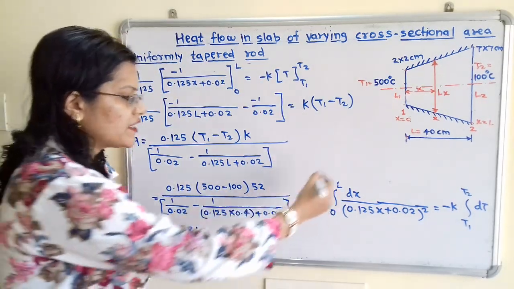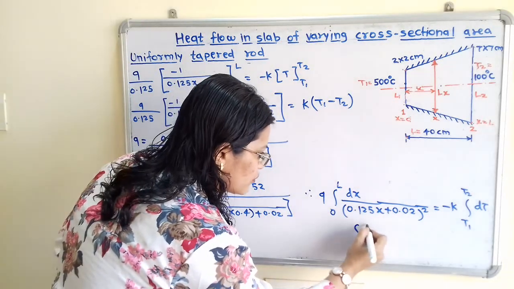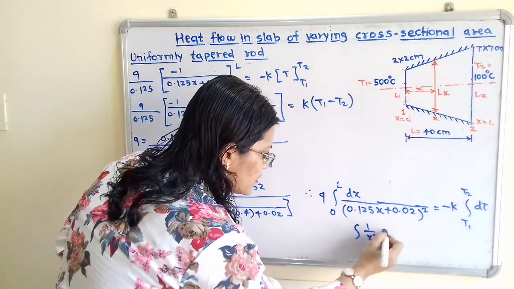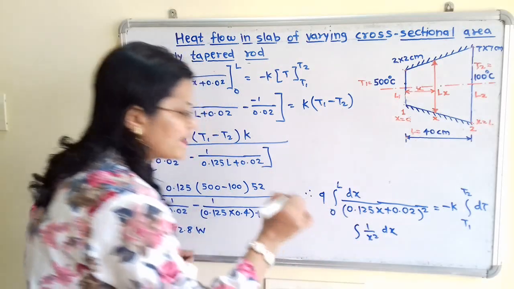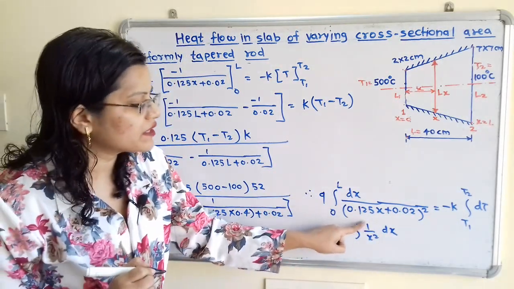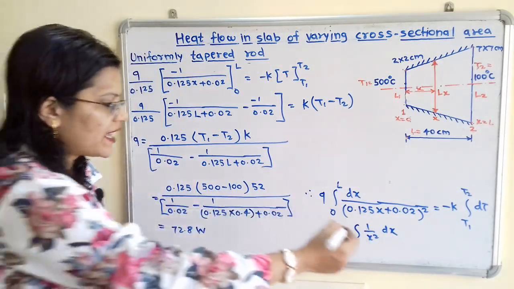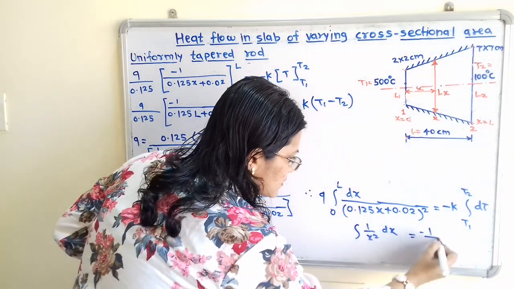This is of the form integration of 1 upon x squared dx. What is the answer for this integration? Whenever there is 1 upon x squared, its answer is minus 1 by x.